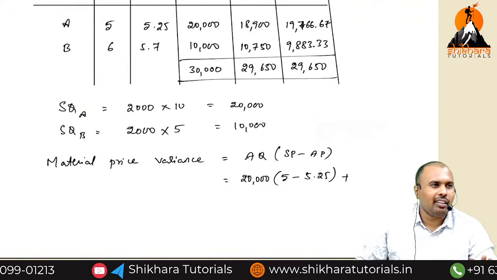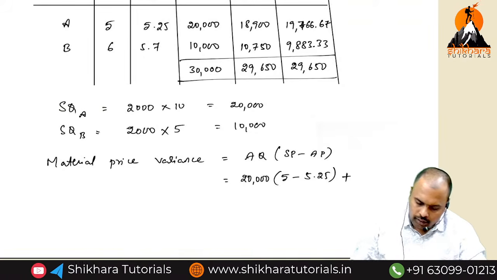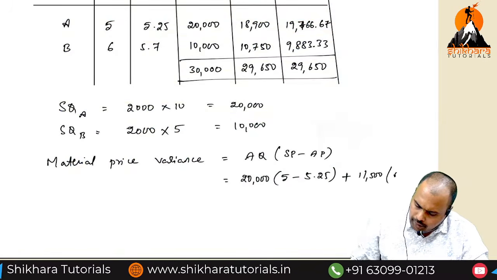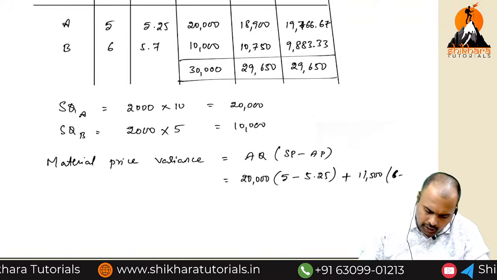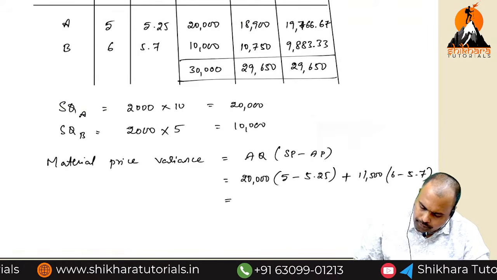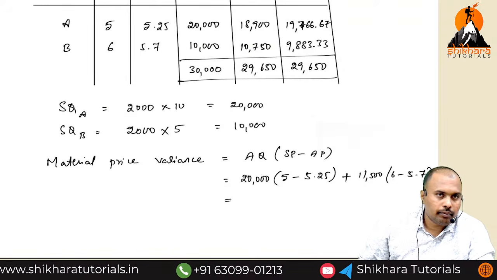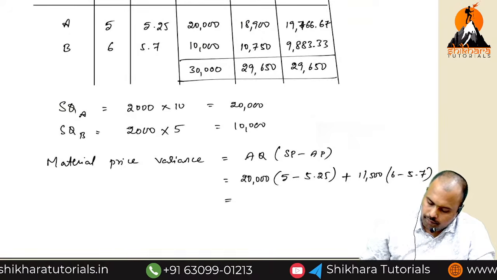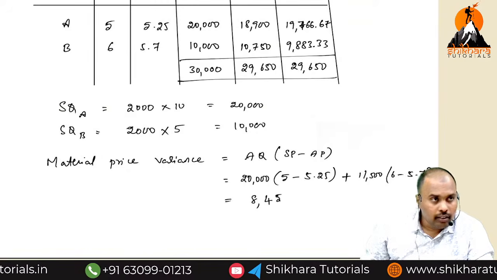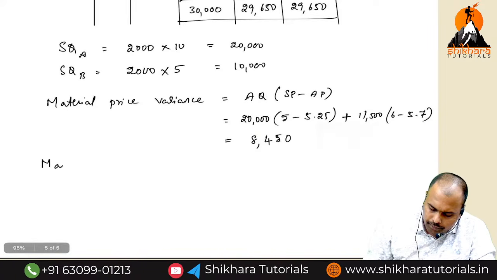For B, 11,500 into 6 minus 5.7. Calculate it quickly. The price variance is 8,450.